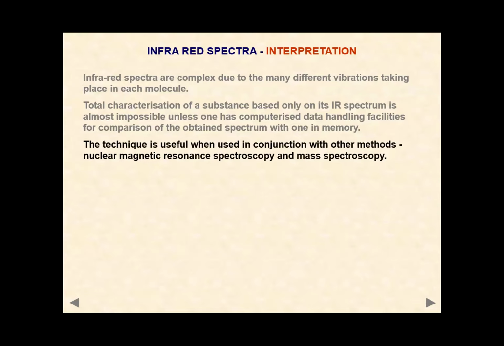The technique is useful when used in conjunction with other methods like NMR, nuclear magnetic resonance spectroscopy, and mass spectroscopy. Although IR spectrophotometry is a very important analytical technique to know about compounds, you are unable to identify the whole compound only by using IR.